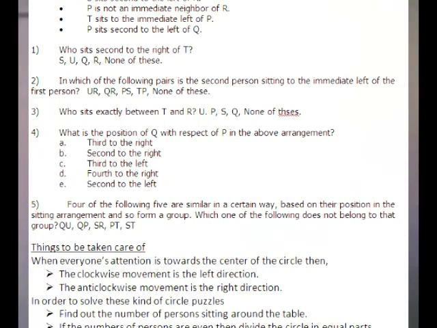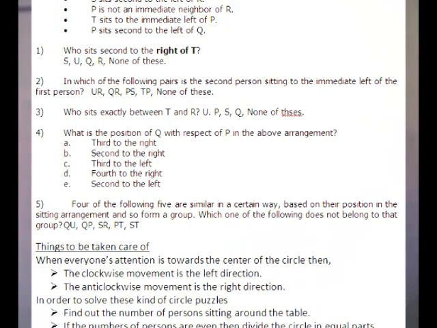Okay. Now, what is the first question? The first question is, who sits second to the right of T? Now, in this question, the letter followed by of is T, and the direction is right.